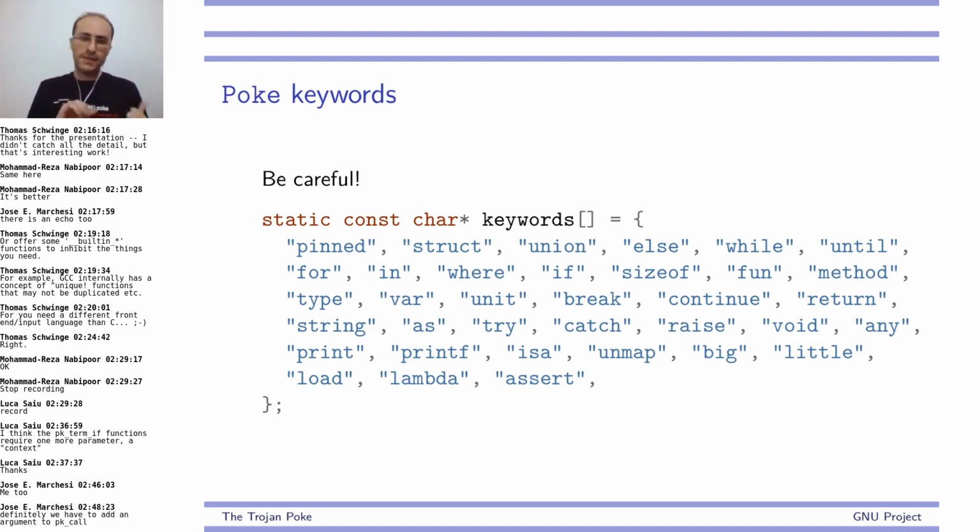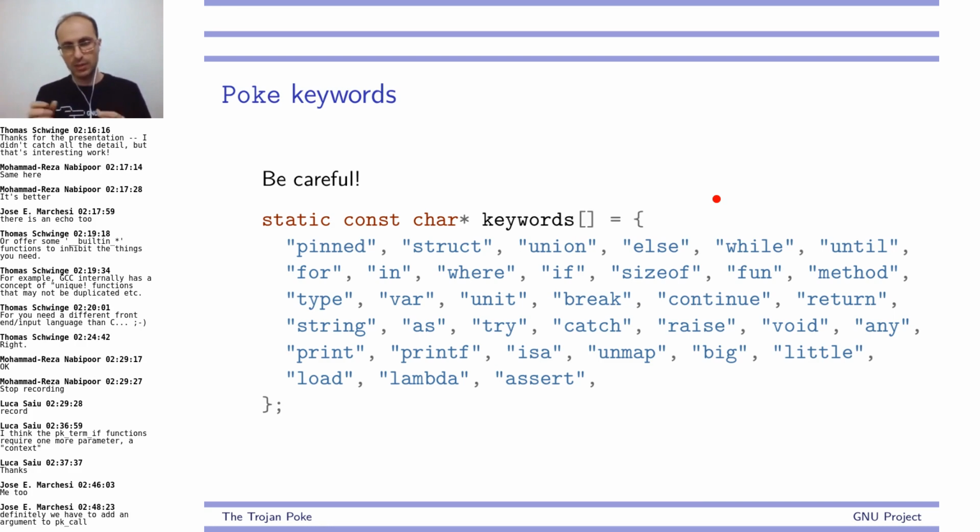And with the second approach, when you are actually making strings and generating poke code, you have to be careful somewhere. We have this set of keywords in Poke, so you have to be careful if you are creating a variable, or you are going to create a field for a struct.